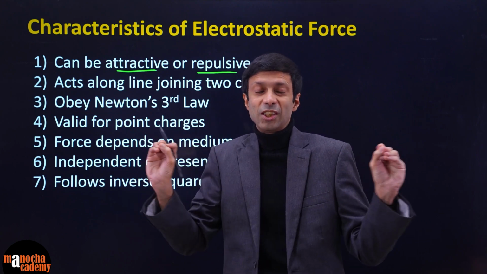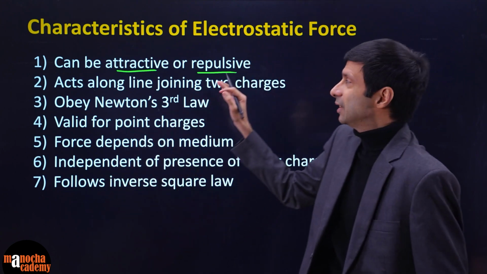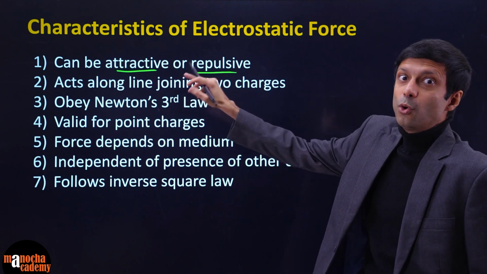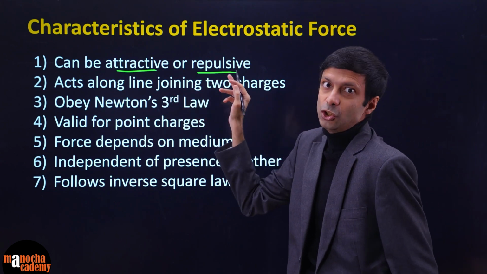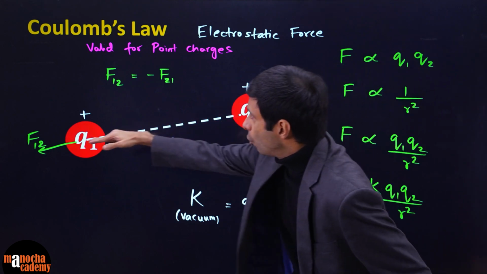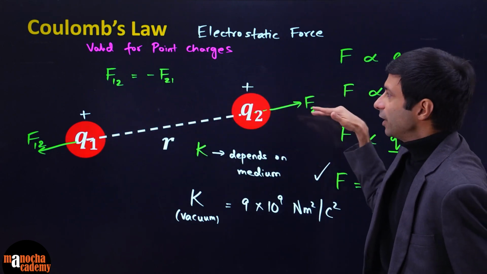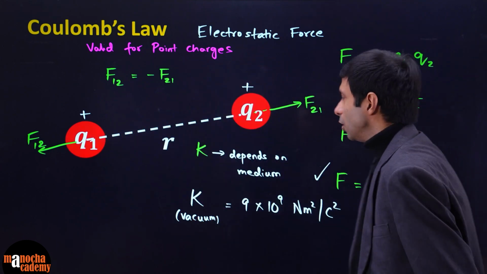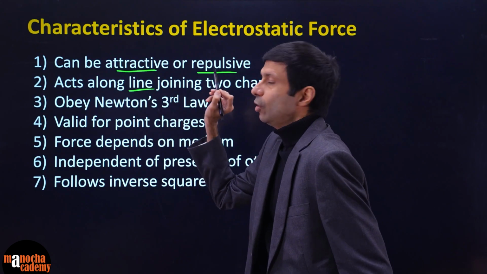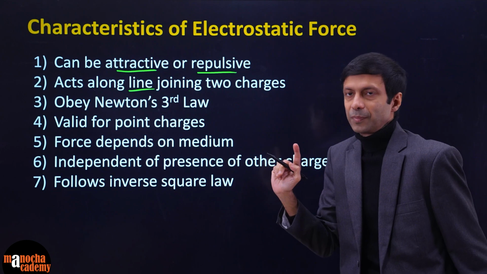But if there are like charges, as we discussed, the force is repulsive, right? They repel each other. And as we have discussed, the force acts along the line joining the two charges. So remember, when we talked about Coulomb's law, the force has to be along this line, not in any random direction. So this is a very important point, which is giving us the direction of the force.